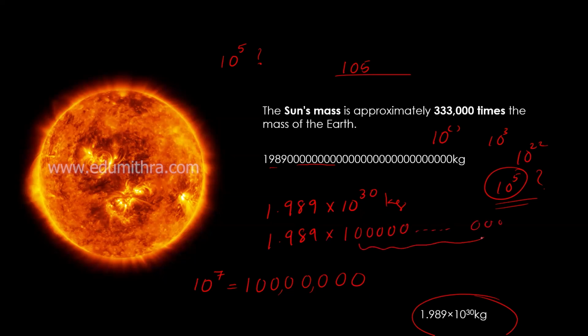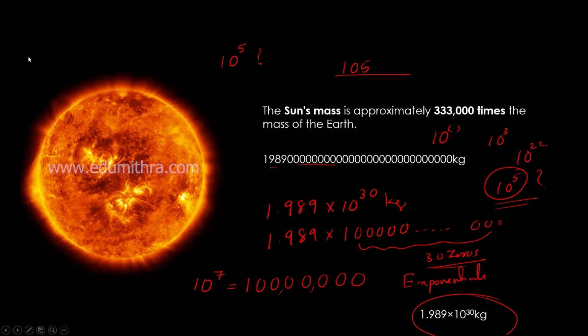How many zeros should it be? That is 30 zeros. So this is one interesting way of writing numbers, in a special mathematical notation called exponential. This method of writing numbers is called exponentials.